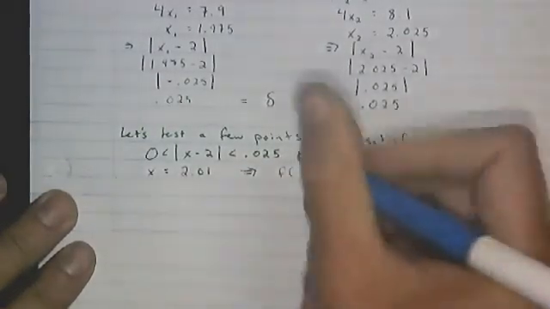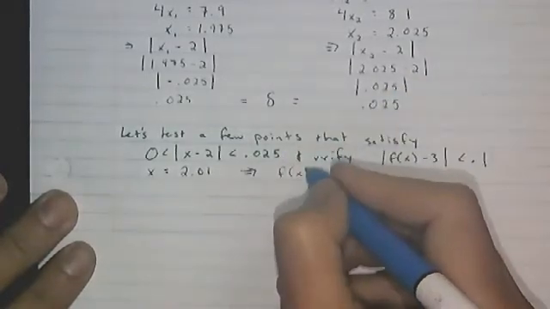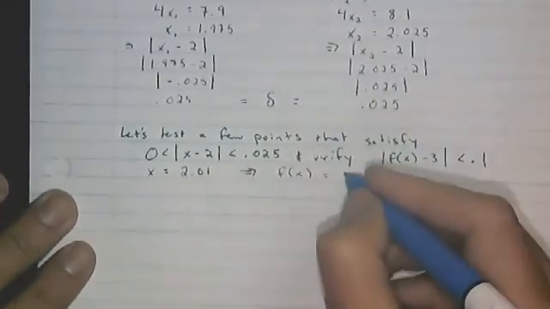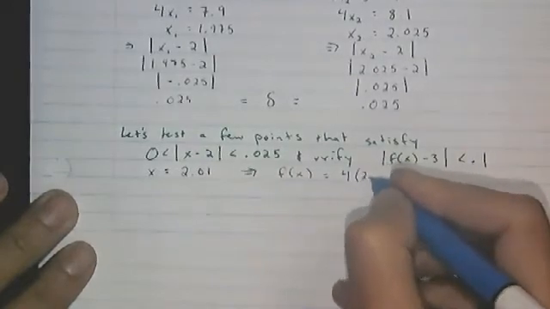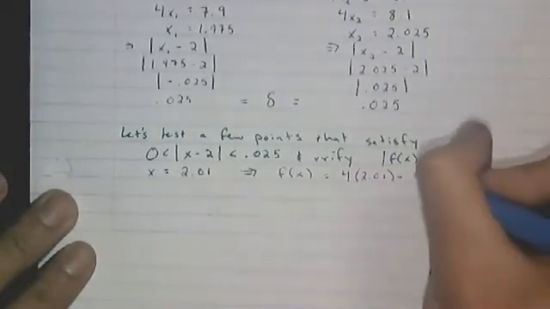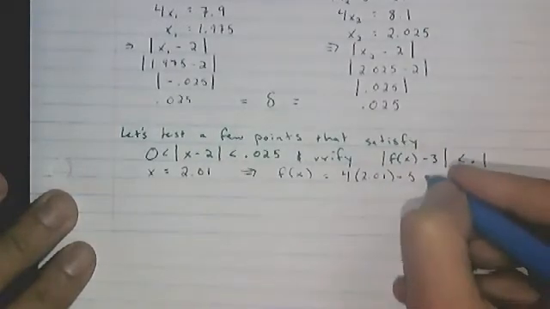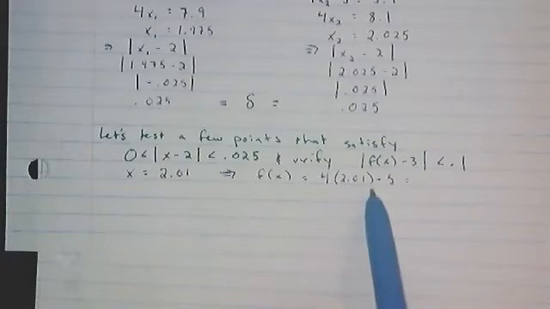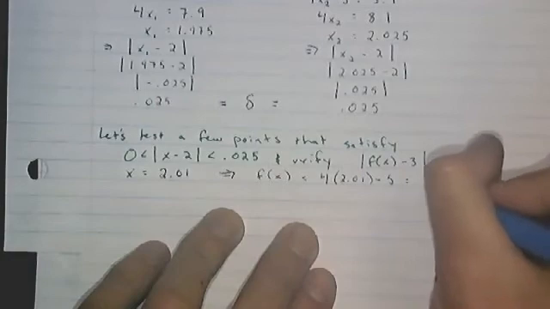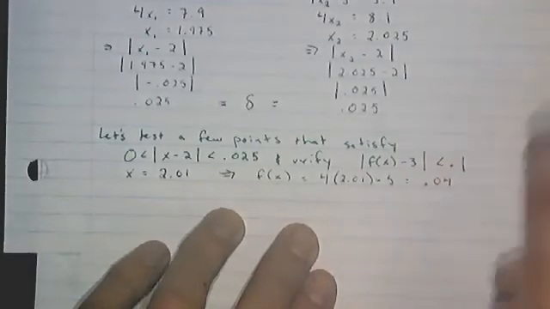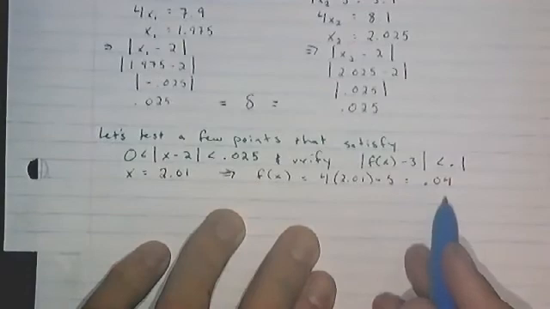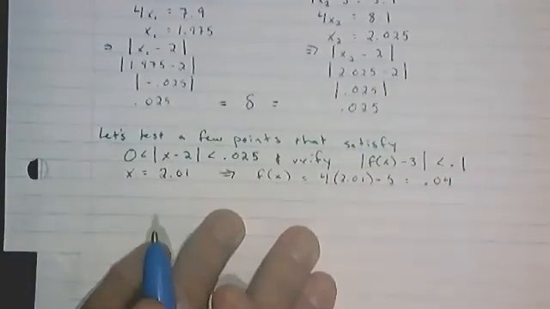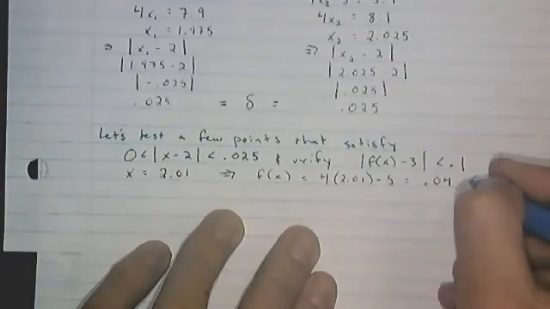And then f of x is equal to 4 times 2.01 minus 5, which is 8.04 minus 5, which is 3.04. Is 4/100 less than 1/10? Sure is.